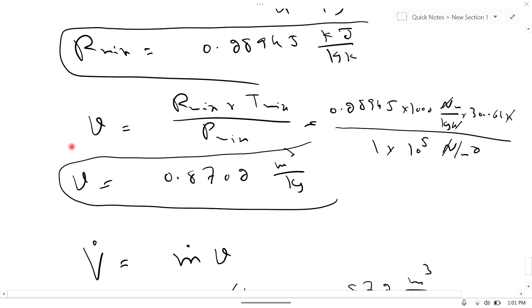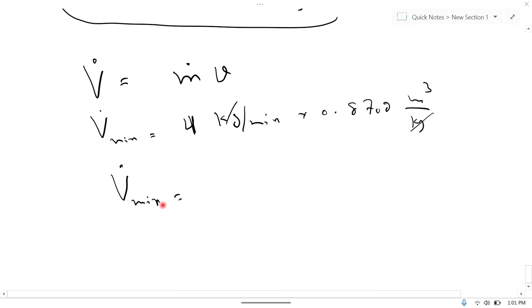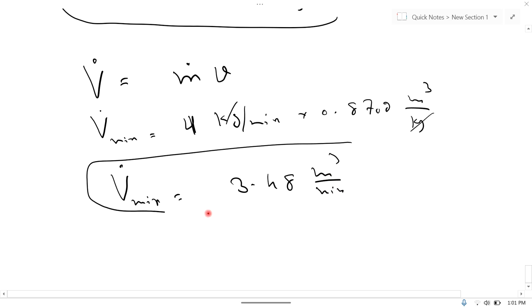So here we will use this mass, because this is mass of mixture, not mass of carbon monoxide. So this is equal to 3.48 meter cube per minute. This is the answer of part number 4.